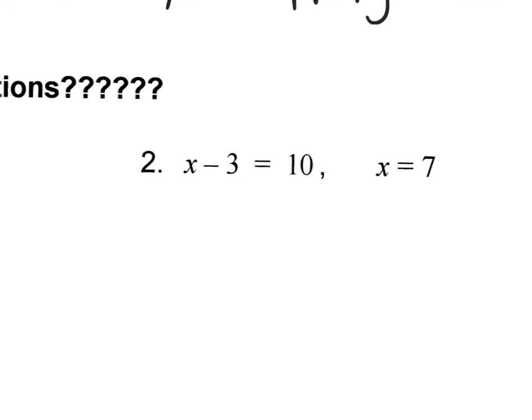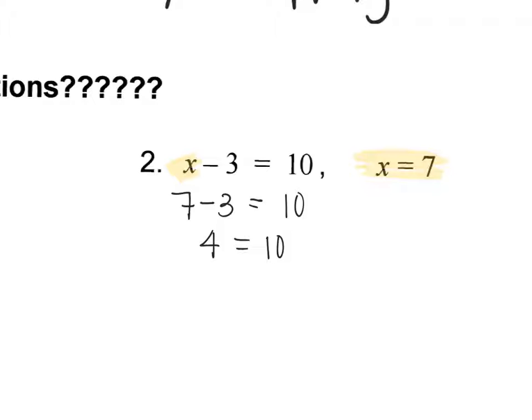If we look at the next one, this time it says that x equals 7. So everywhere I see an x in my equation, I'm going to plug in 7. So I've got 7 minus 3 equals 10. Well, 7 minus 3 is 4 equals 10. Does 4 equal 10? Not here.